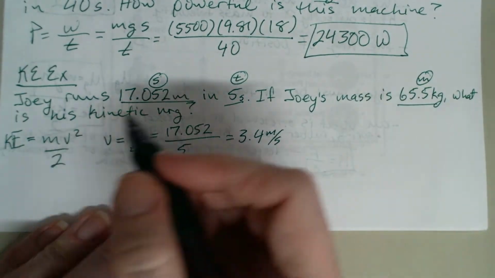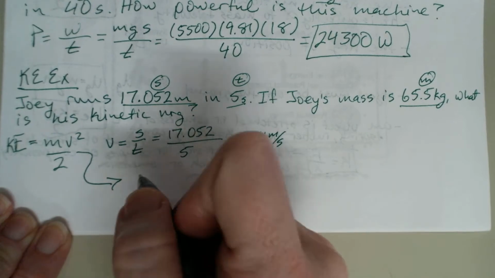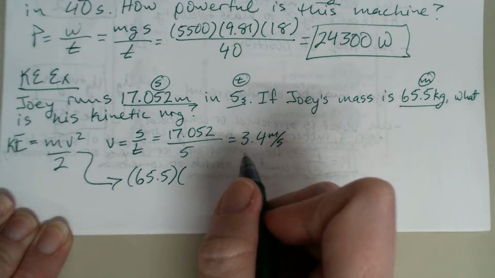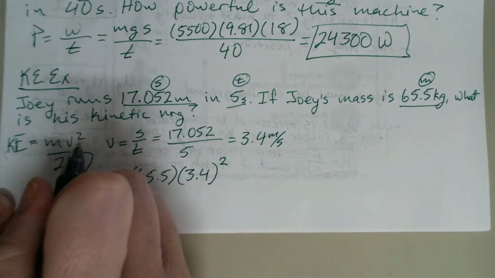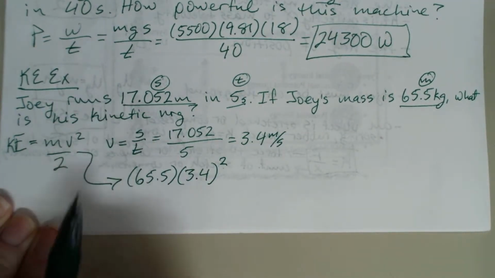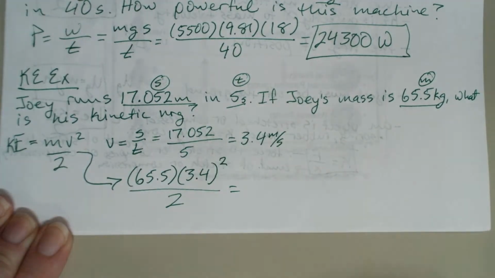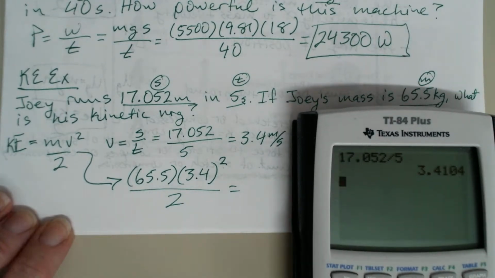So I'm going to plug that into my KE equation. His mass is 65.5 times his velocity, which is 3.4, squared. Don't forget the square. People forget the square, and that's a problem. Over 2. Now, a square and an over 2 don't cancel. Please don't assume that they do.